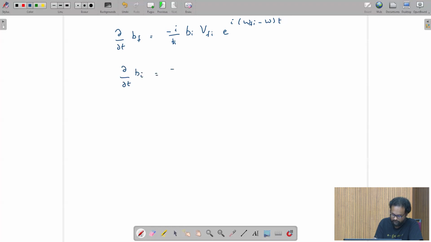My equation now will become iħ dB_F/dt equals half V_FI B_I e to the power i(omega_FI minus omega)t. That is one equation. The second equation, iħ dB_I/dt, will be half V_IF B_F e to the power minus i(omega_FI minus omega)t.